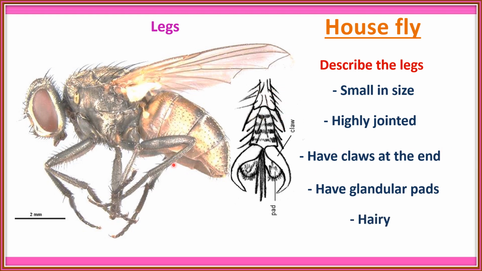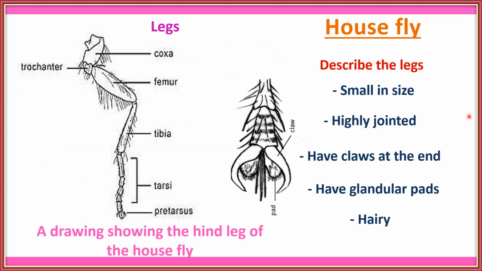If you look at them, they are hairy. The leg has got the coxa, trochanter, there is the femur, tibia, tarsi, and pretarsus. That is the drawing showing the hind leg of a housefly.